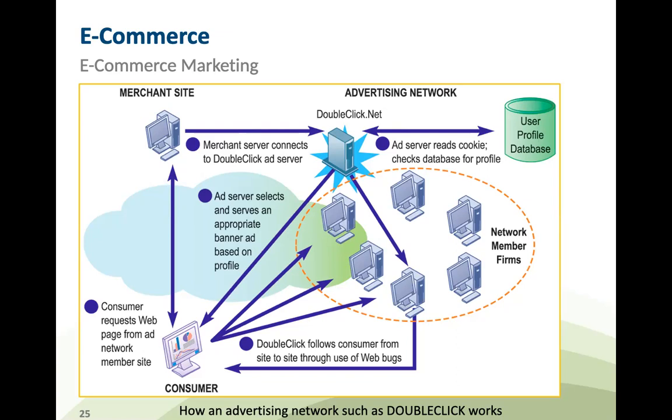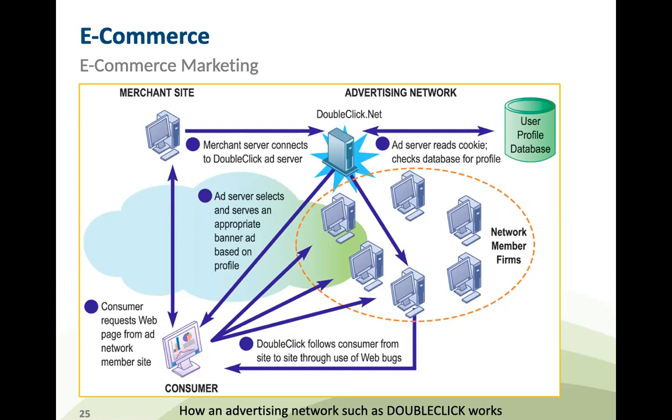Thereafter, whenever the same customer refers to the same merchant, actually through this doubleclick.net, it's capable of retrieving the cookies. It will read the cookies and check the database for the previous profile of the same customer.